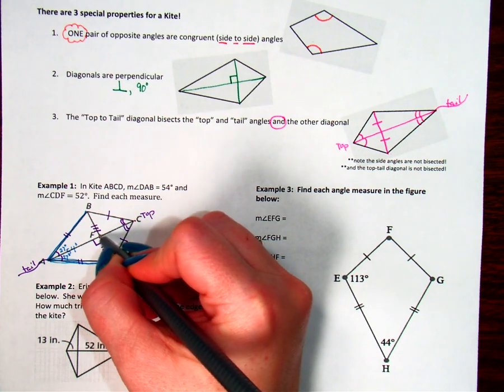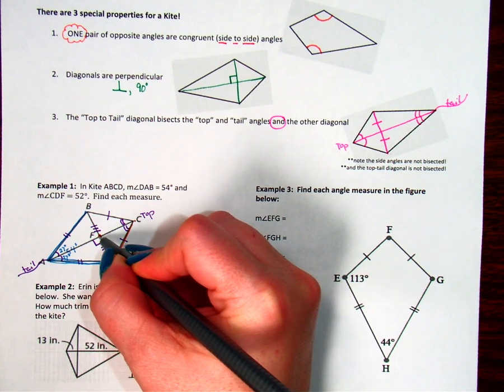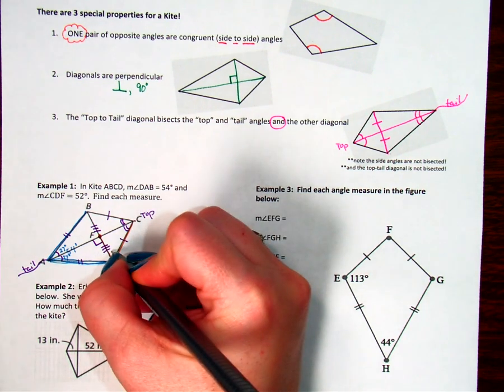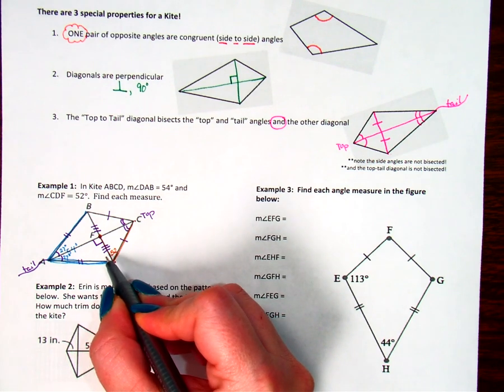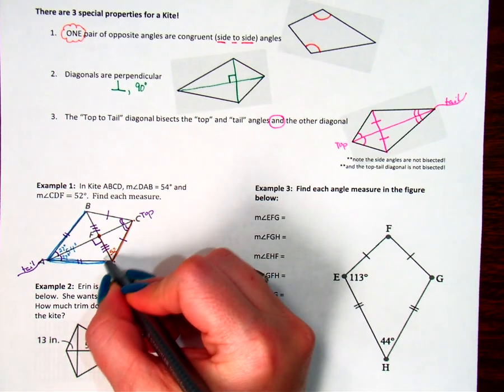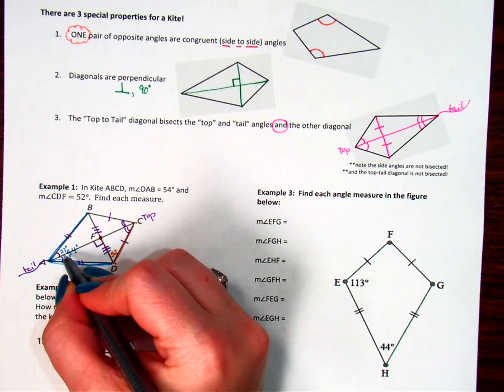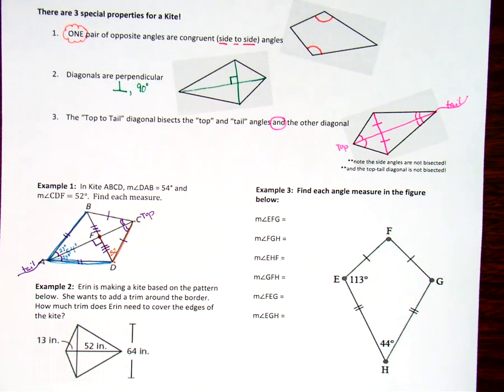It's hard to tell because I've been writing. CDF is 52 degrees. That does not mean this angle is 52. These are different angles on my side to side. The side to side angles are not bisected. The top and the tail angles are bisected. Now it says to find each measure, so that's my task now.